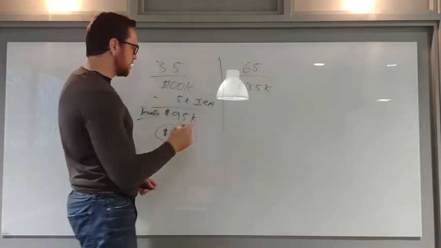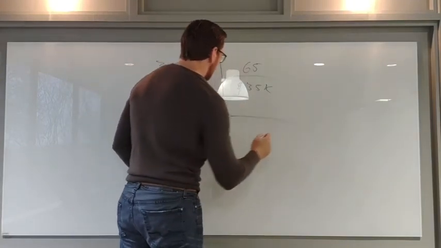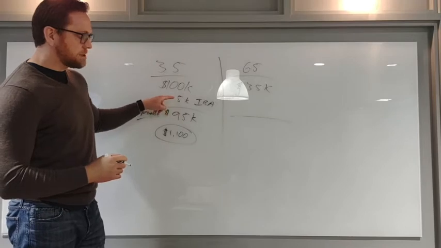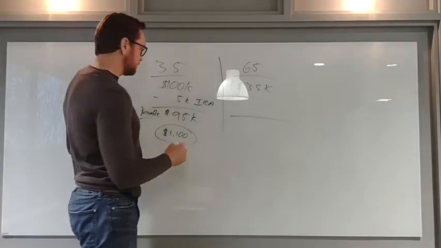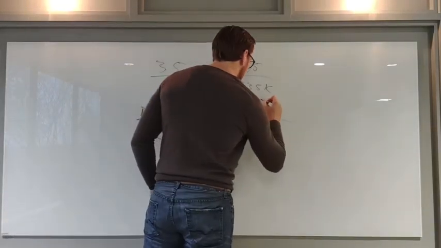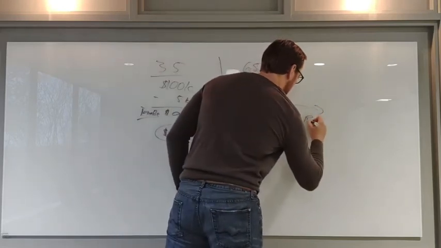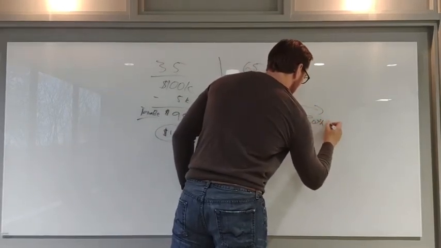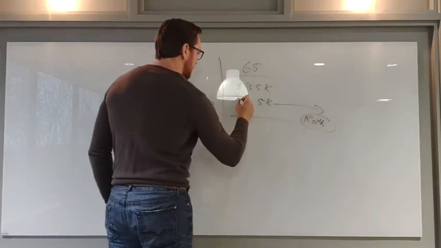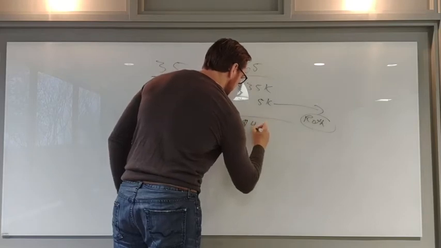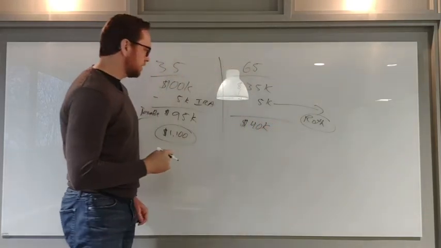And in this situation, if we take that same $5,000 deposit, and we move it from your IRA to a Roth, that's going to increase your taxable income by $5,000, in this situation to $40,000.